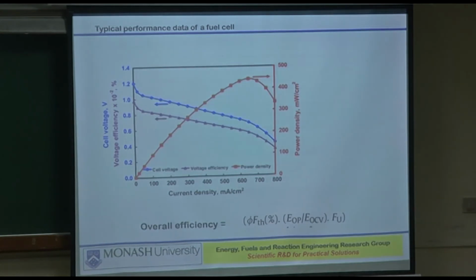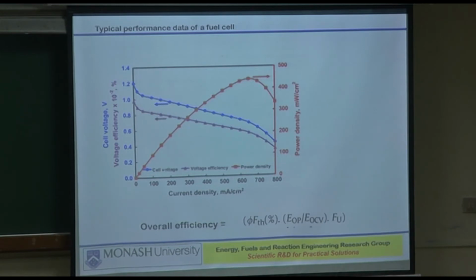So these are the typical performance data of a fuel cell that you can measure and that you are interested in. It can be instantaneous, over a period of time, or over a very long period of time. There are three different statistics that we use for that matter. One is the cell voltage, and the other one is the voltage efficiency and how that particularly drops.